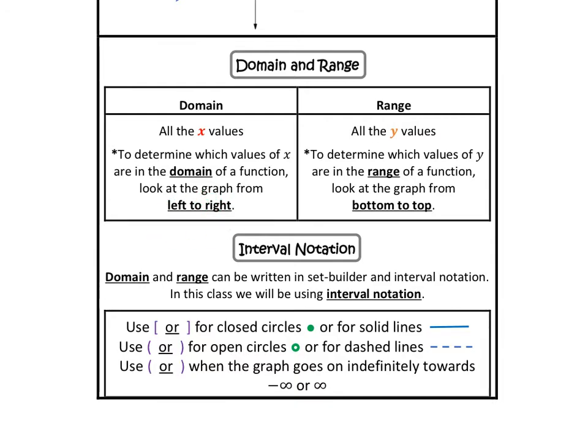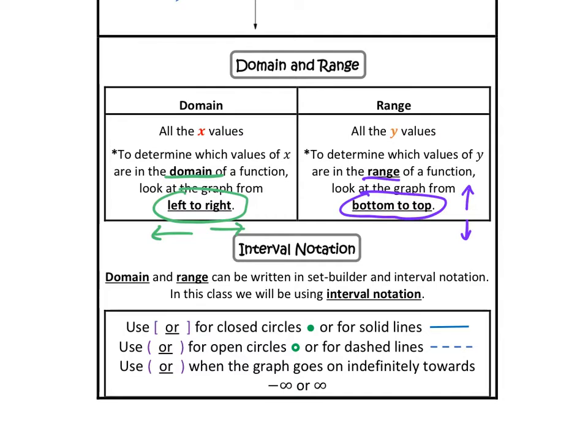So we would actually look at the domain from left to right, so I'm going to put a left arrow, right arrow. For range, we look from bottom to top, so up and down, right? Left and right for domain, up and down for range.